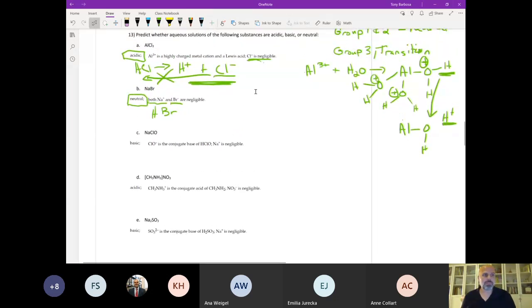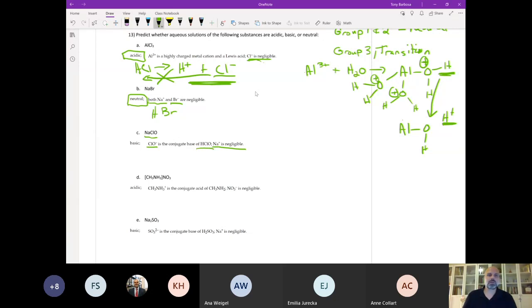Let's set that up just a little bit. Then we have sodium hypochlorite. This is bleach. We've already discussed the sodium ion. Because it's a group 1 metal, it is not going to react with water, so it has no effect on pH. Whereas the hypochlorite ion is the conjugate base of HClO.